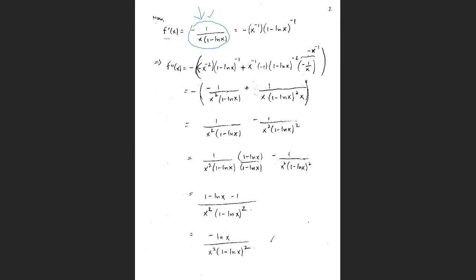Let me write the first derivative as a product. So, the first derivative as a product would be negative times x to the negative first times 1 minus log of x to the negative first power. And then I use the product rule.